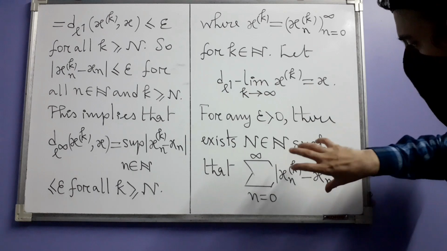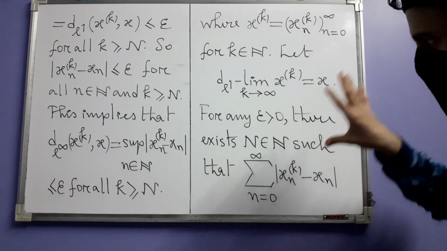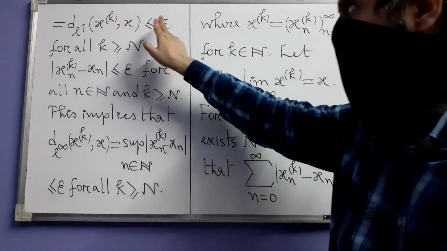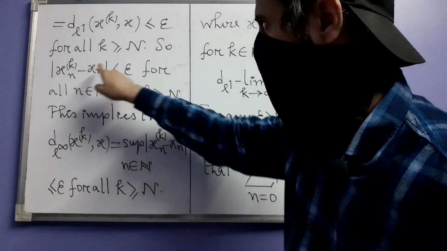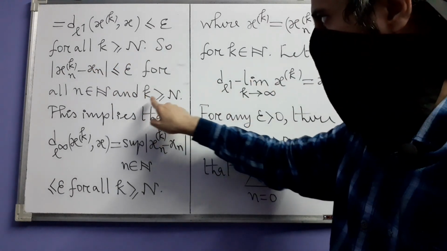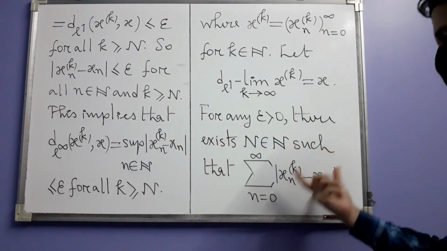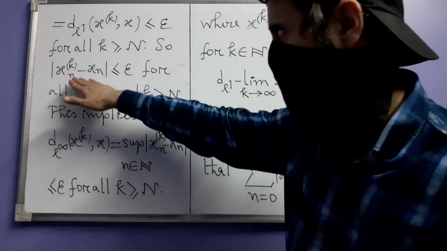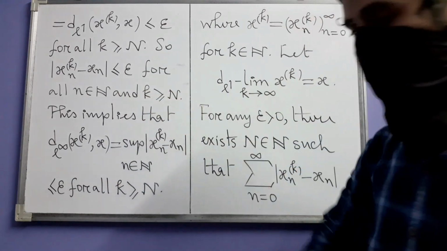So each individual term of the series obviously will be less than or equal to the entire sum, and the entire sum is less than or equal to epsilon. That means each individual term will be less than or equal to epsilon. And this thing is happening for all k greater than or equal to N. But now that we are writing each term, n also varies. These inequalities are true for all n in N and all k greater than or equal to N.